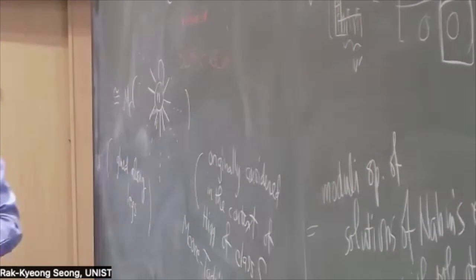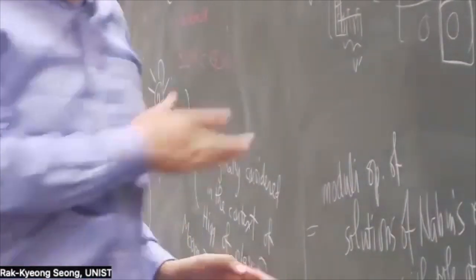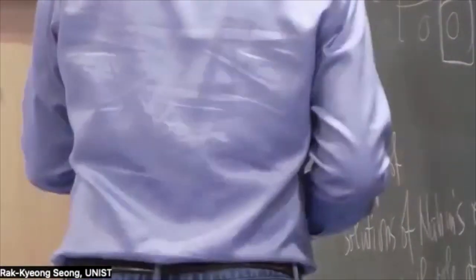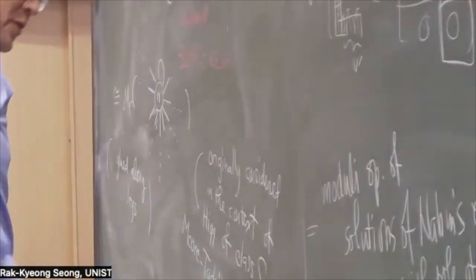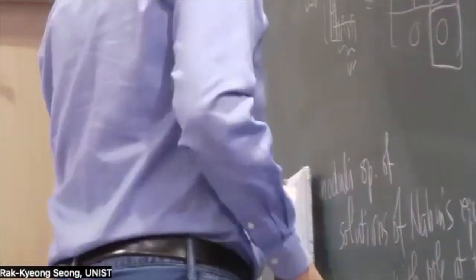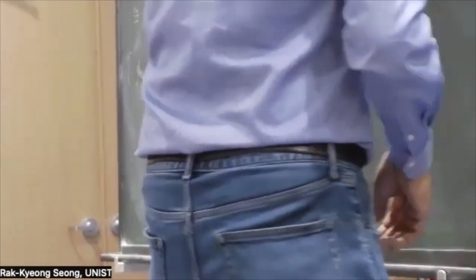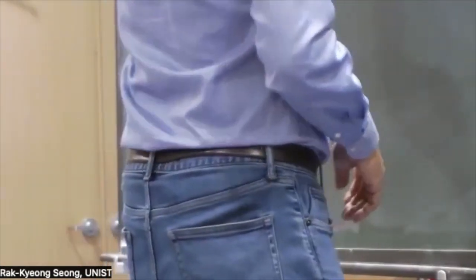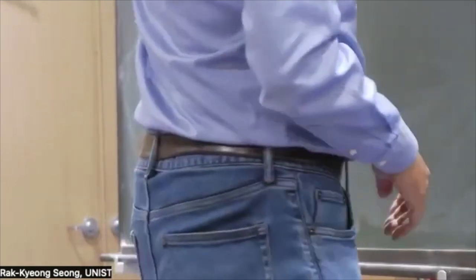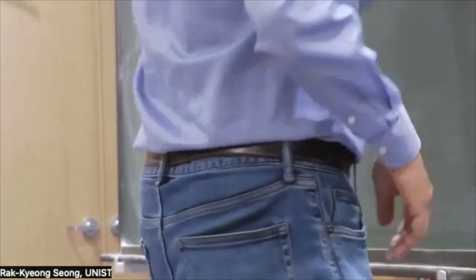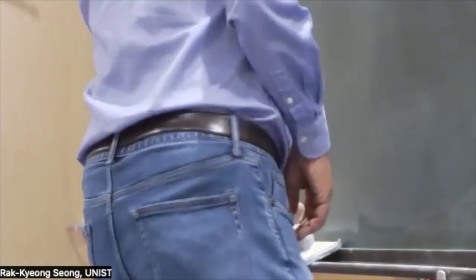We gave a mathematically rigorous proof. Again, this proof is not illuminating at all, and we use some very deep results in derived geometric Satake. Once you use this language, it's not so difficult. Any question?